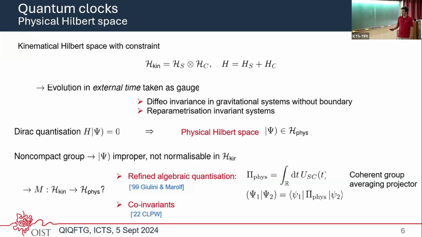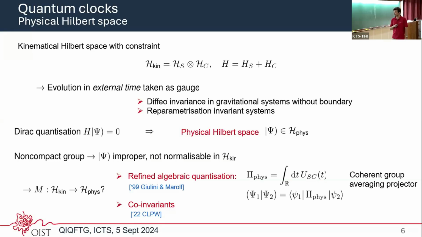We have this pi phys here, which is just an integral over the full gauge group. This ensures that the inner product of these two physical states, which are representatives of the kinematical states, will be properly normalizable. So we have to define a new physical inner product instead of just using the kinematical inner product.